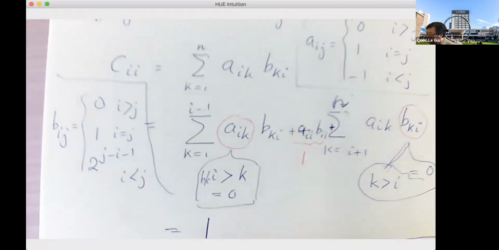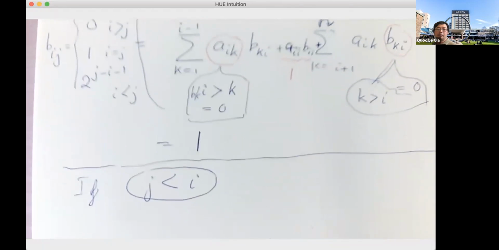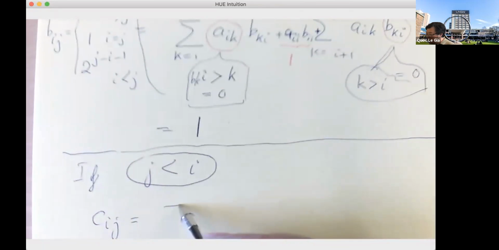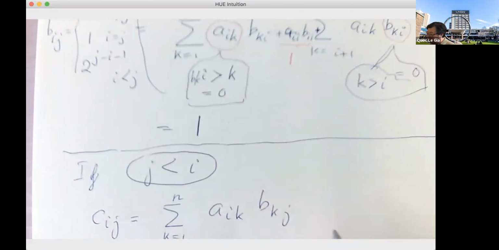So now if j less than I, then what do I have? Well, I have Cij is the sum of, again, k from 1 to n, AikBkj.